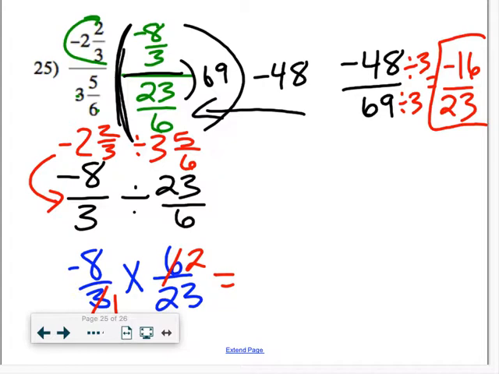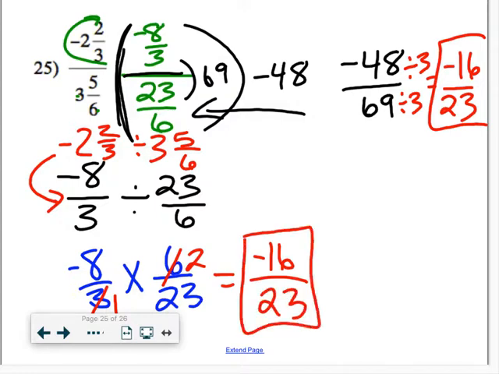And then on top, I'm left with negative 8 times 2, negative 16. And 1 times 23. And beforehand, it's great. Otherwise, if you didn't cancel it beforehand, you'd multiply straight across and end up where we did with that other method first. And then have to simplify it.